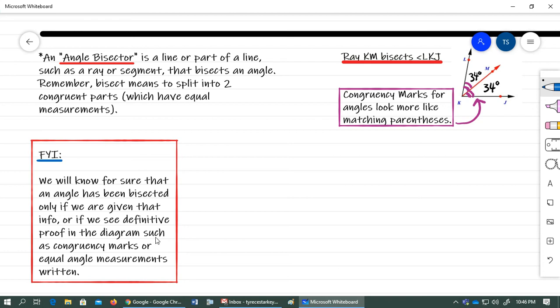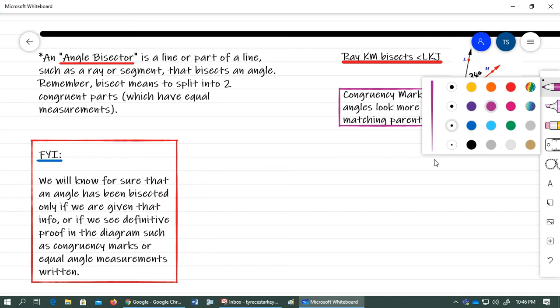That definitive proof in the diagram could be things such as congruency marks or equal angle measurements actually written there. For angles, the congruency marks don't look the same as the congruency marks for two side lengths. The congruency marks for angles look more like matching parentheses.